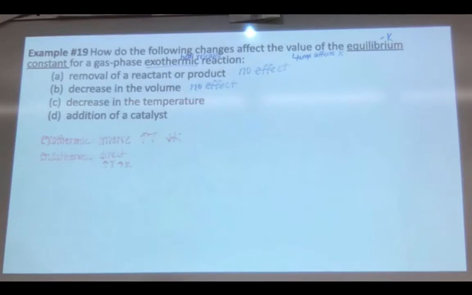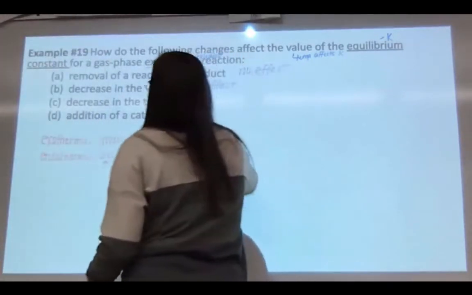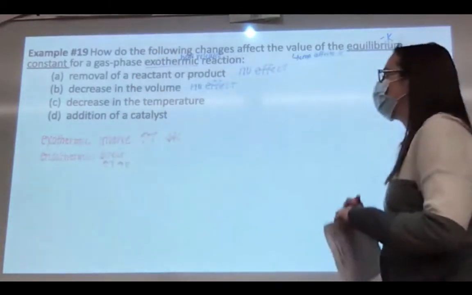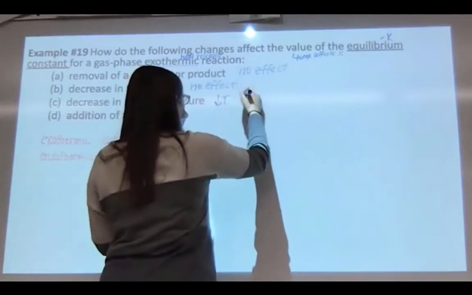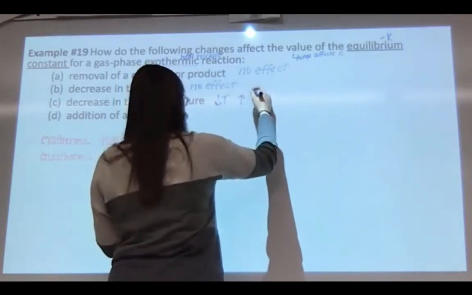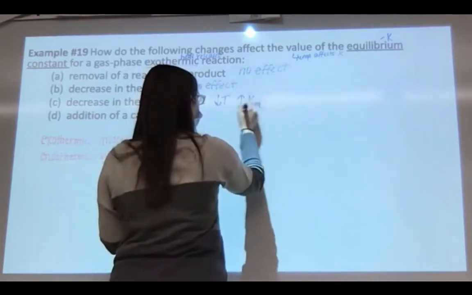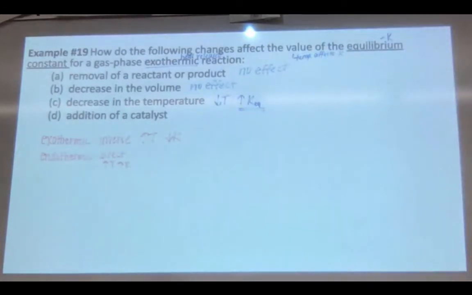So if it's exothermic, we know it's an inverse relationship. So you decrease temperature, that means that you are increasing K eq. So you're going to increase the value of your equilibrium constant.